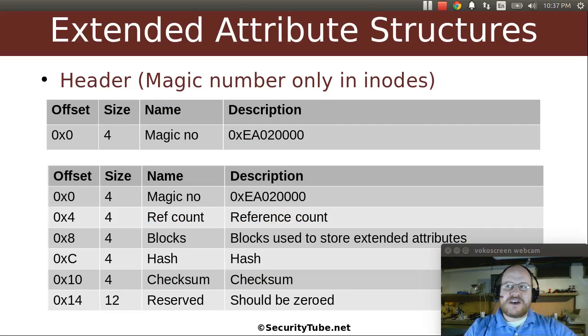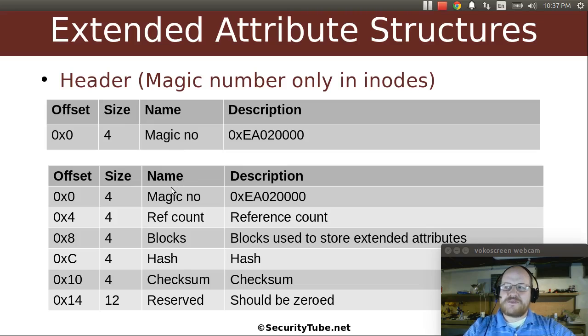What do these structures look like that are used to store extended attributes? Well, they start out with a header. Now, depending on whether or not this header is stored in an inode or in a data block, it looks different. So here at the top, I have what it looks like if you are storing it in just an inode. You have nothing but the magic number that's 4 bytes long.